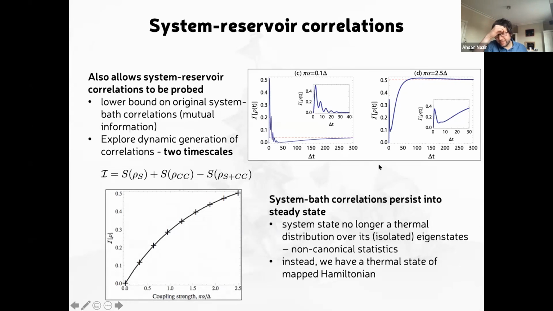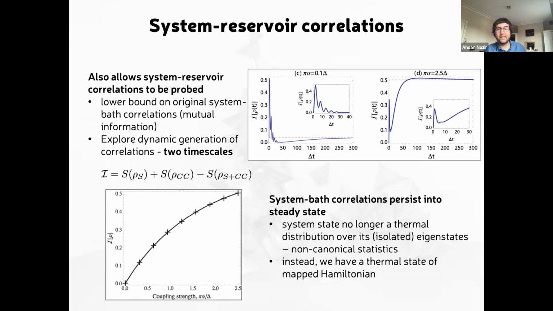So, as I mentioned, the system environment correlations persist into the steady state. And what I'm showing on the left-hand side there is the mutual information in the steady state as a function of coupling strength. And we can see that it's monotonically increasing. The crosses here are given by a thermal state, but it's a thermal state in the mapped system plus collective coordinate eigenbasis.